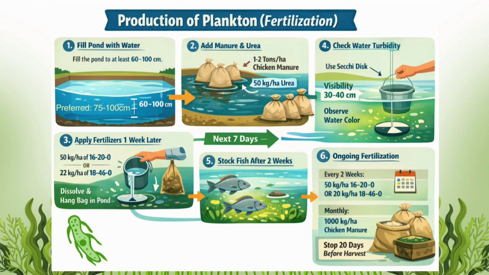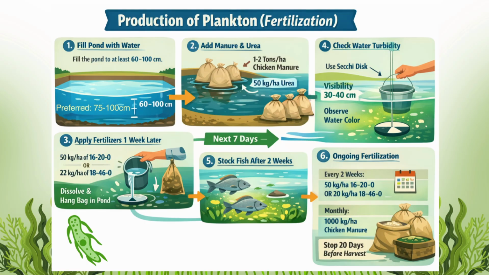Now let's proceed to the production of plankton. First, fill the pond with water to a depth of at least 60 centimeters, preferably 75 to 100 centimeters. Apply 1 to 2 tons per hectare of chicken manure contained in bags by soaking them in the pond for at least 24 hours before releasing. Add 50 kilograms per hectare urea after the manure has settled down.